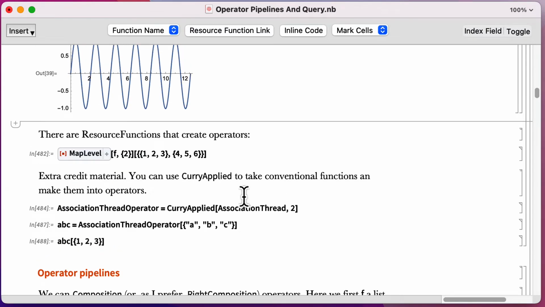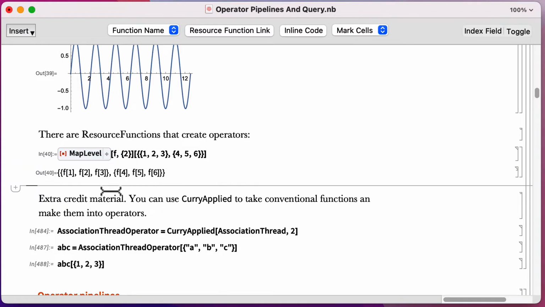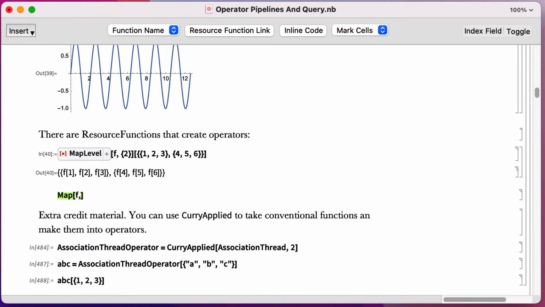You should also know that there are resource functions that create operators. I'm going to use MapLevel a fair amount. Every once in a while I'll use ApplyLevel, and a few others, but you'll see MapLevel a fair amount. The idea here is that MapLevel of f at level 2 does exactly the same thing as Map of f applied at level 2.